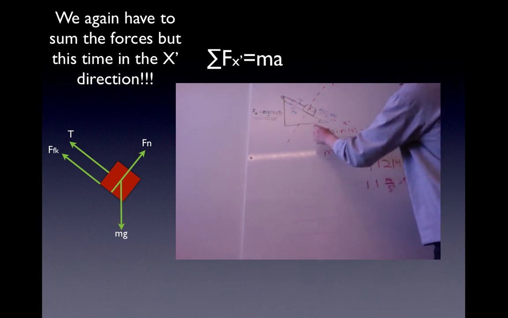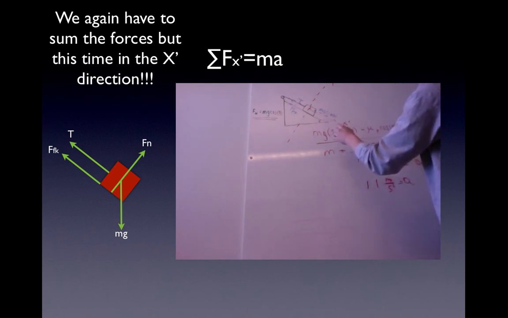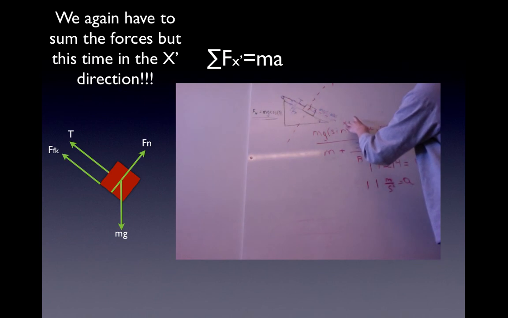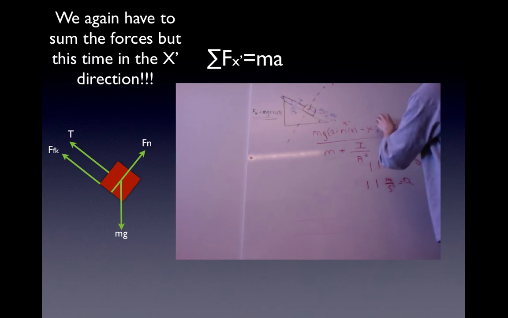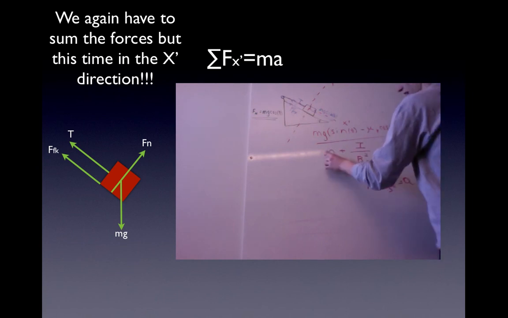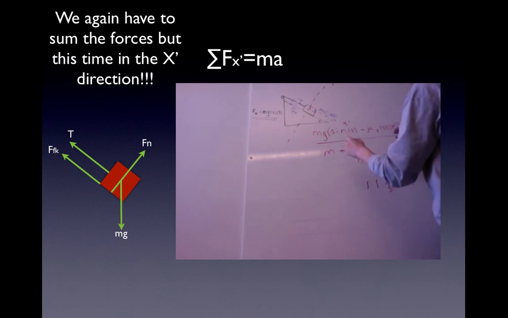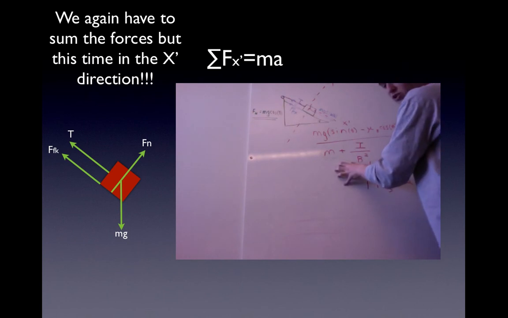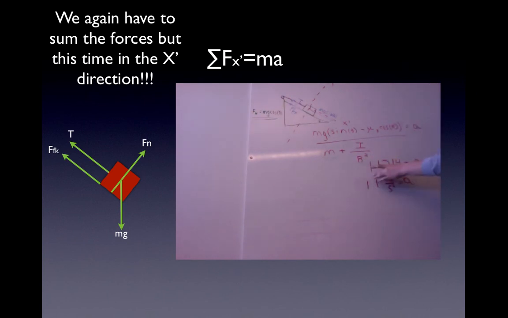So by plugging in 5 times 9.8 times the quantity sine of 36.9 minus 0.25 cosine 36.9, all divided by the quantity 5 plus 0.5 over 0.2 squared, we eventually get an answer of 1.1214, which rounded to 2 sig figs is 1.12 meters per second squared for the acceleration.